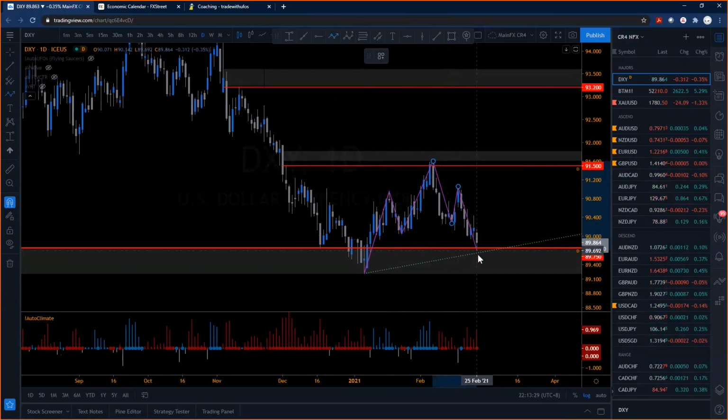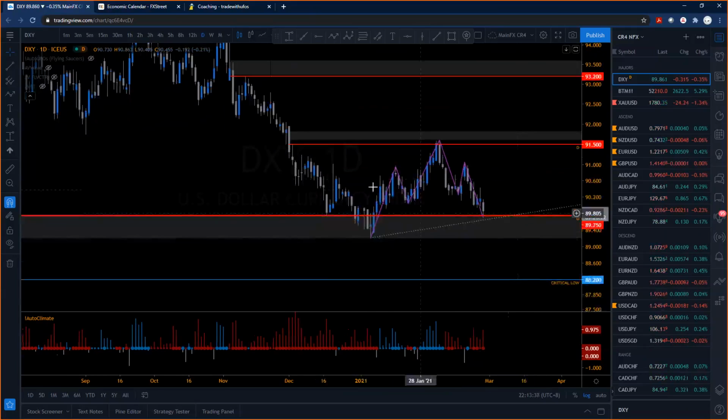At least on an intermediate basis, we are looking at some sort of further downward pressure, but we're not going to see a continuation of this overall downward move until we break this low here.